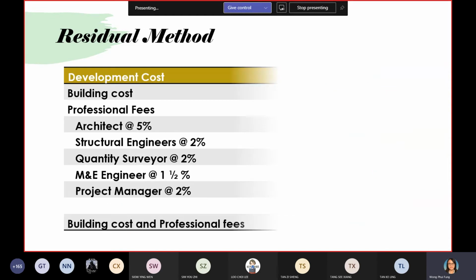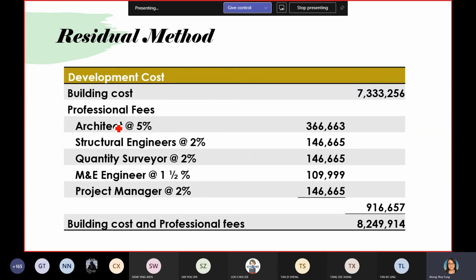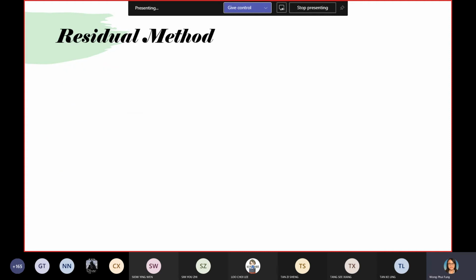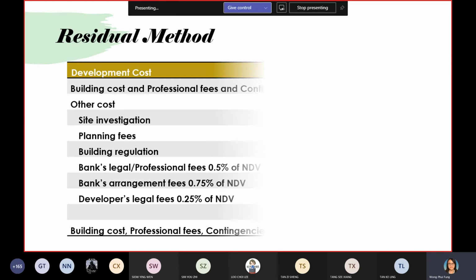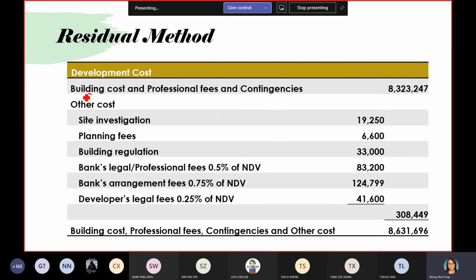Then next one, professional fee first. Professional fee also same, no change. The way of the calculation remains the same. Then next is the contingency fee, also same, no change. Move on to the next one, other costs, also same, no change, same as the profit method.